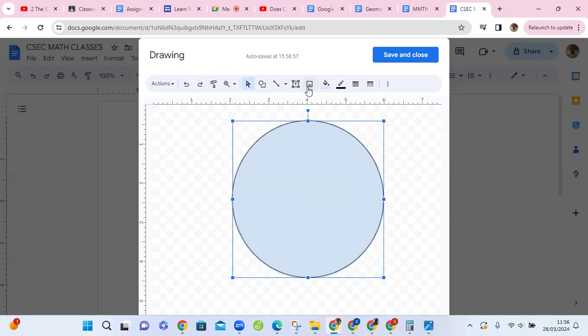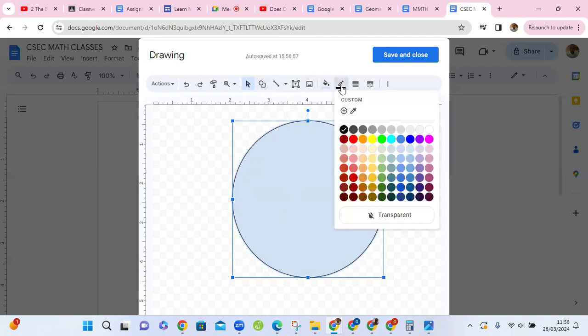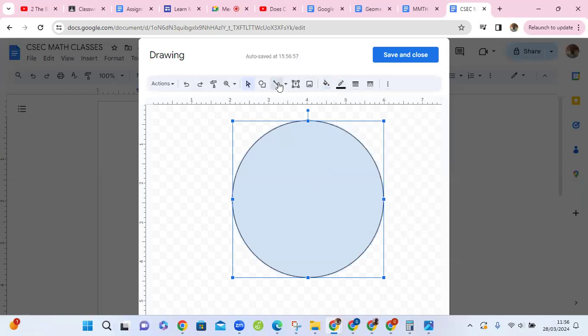Now, let's identify the center. Center should be right there. Now, let's draw a line from the center. Okay, I want to draw another line. Let's delete that line.